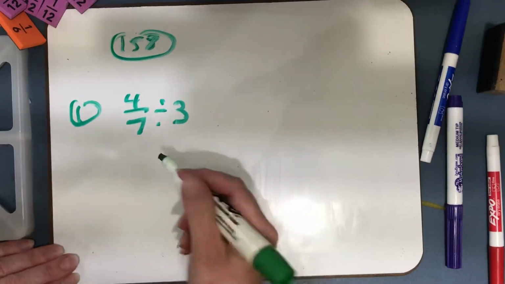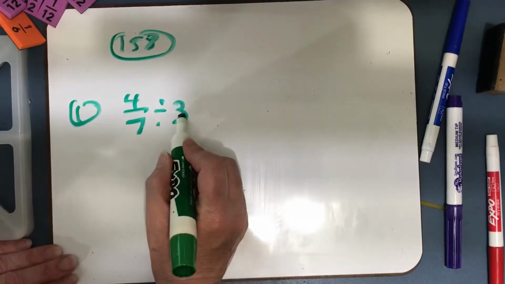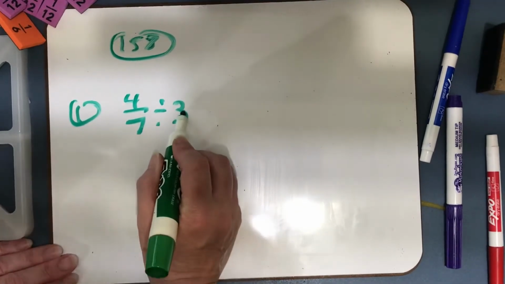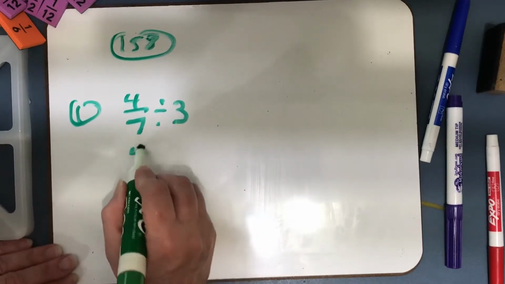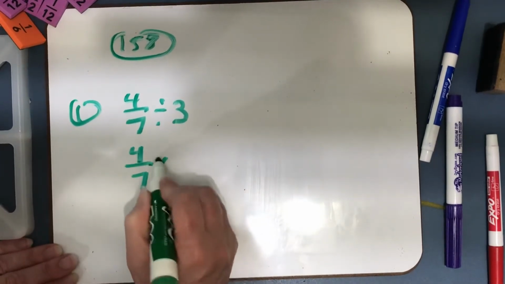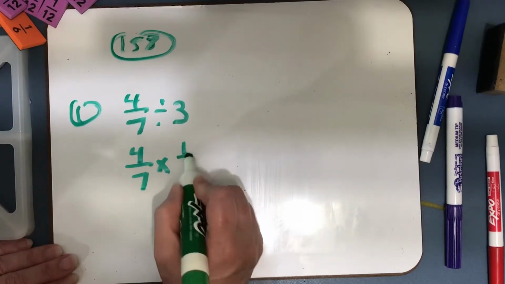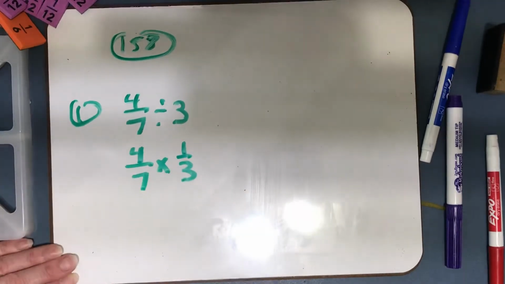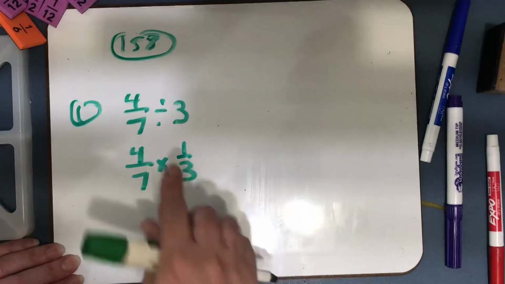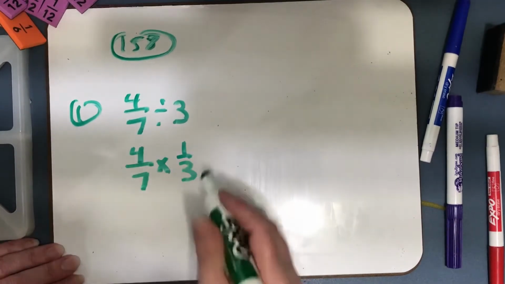Remember, the divisor is the number that comes after the division sign, divided by 3. That's your divisor. So we'll multiply times the reciprocal of your divisor. The reciprocal of 3 is 1/3. So I'll multiply 4/7 times 1/3 to solve 4/7 divided by 3.